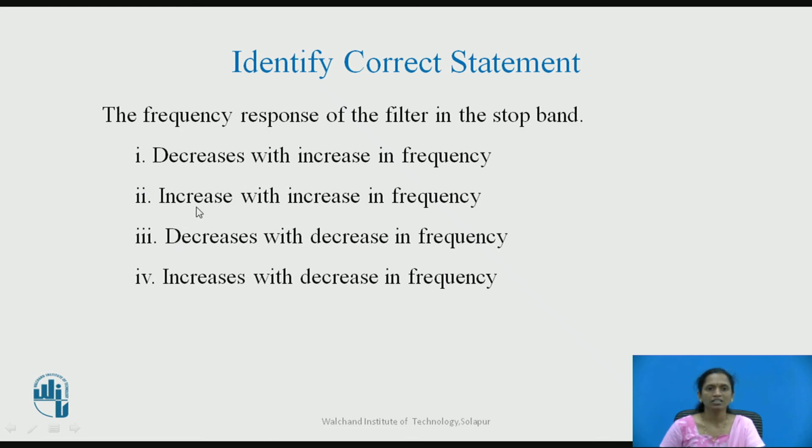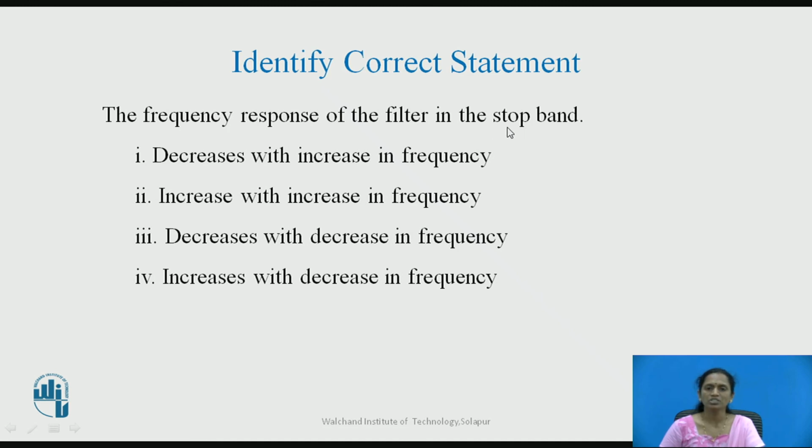Does it increase with an increase in frequency? And does it decrease with a decrease in frequency, or increase with a decrease in frequency? The question is generally for the stop band, not for a specific filter.